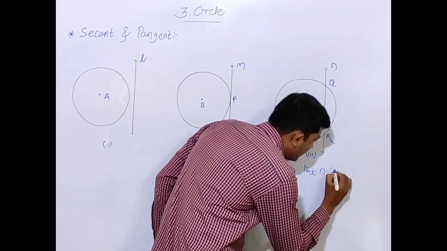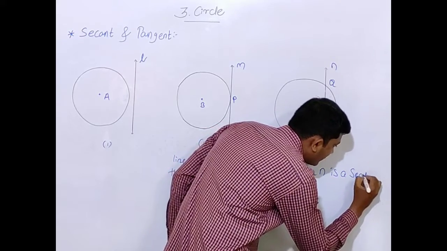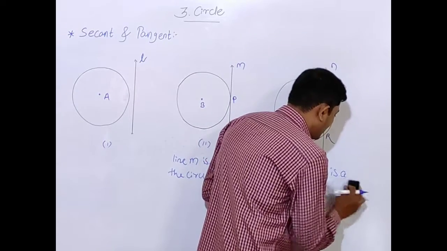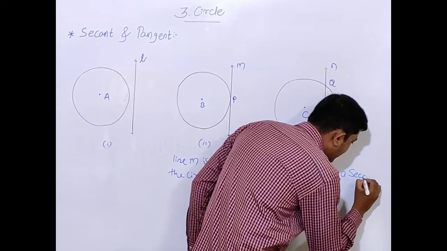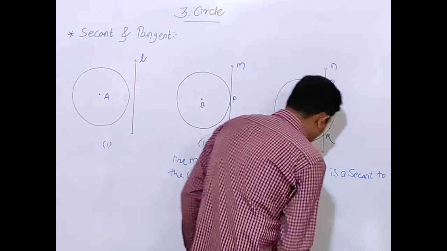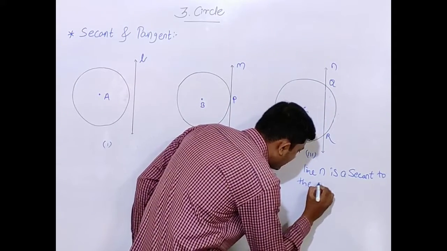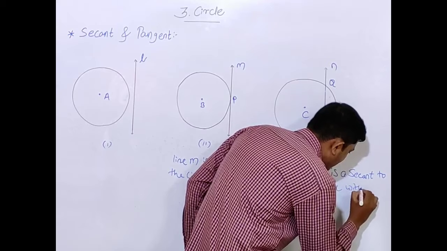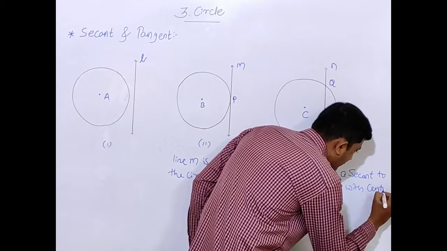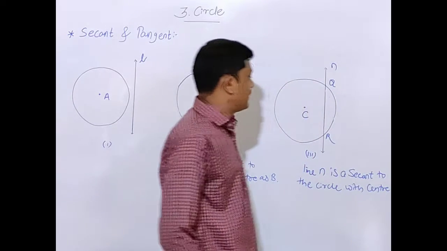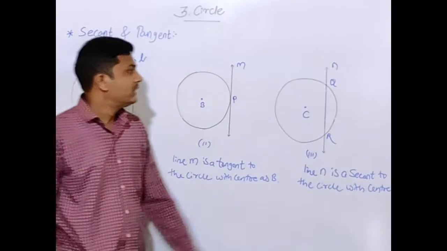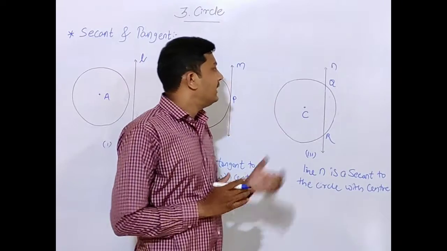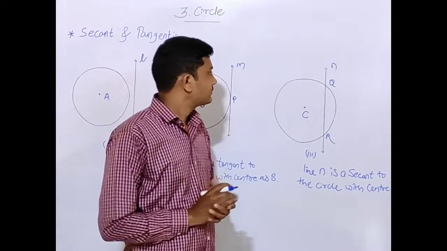Line N is a secant to the circle with center C. It is clear that if a line intersects the circle at two distinct points, it forms a secant.